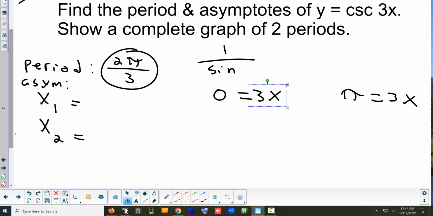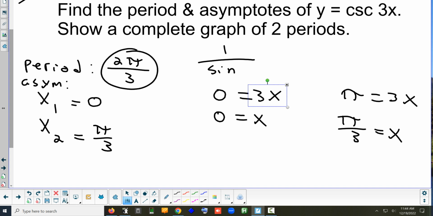It's still 0. So that's going to stay at 0. How about the asymptote that was at pi? If you compress that by 3 times as much, it becomes pi over 3. These are the 2 new asymptotes. So we need to write down 0 and pi over 3.